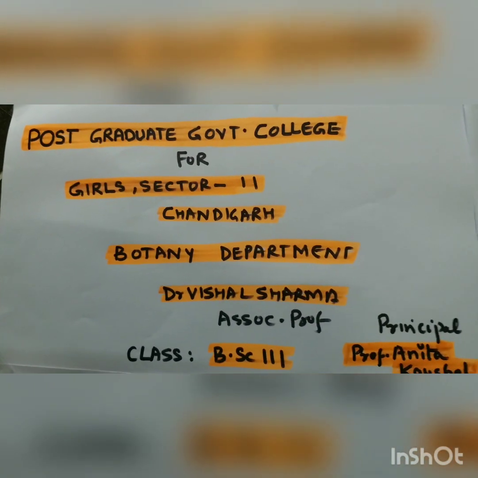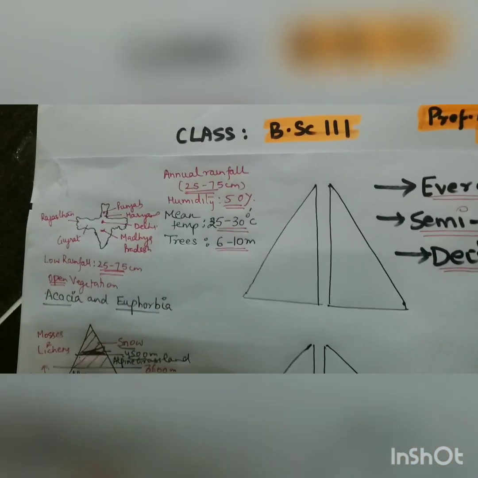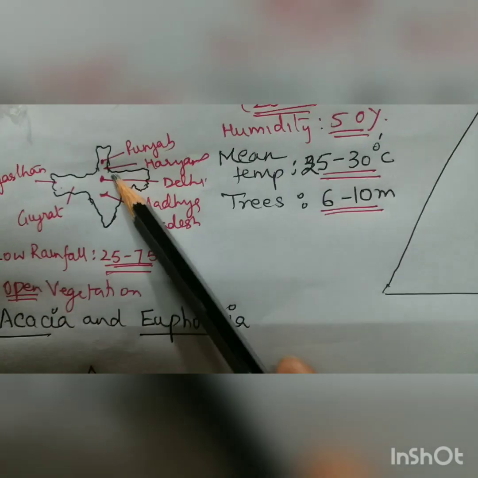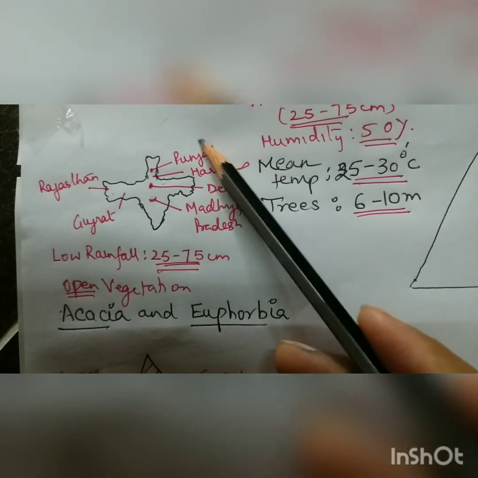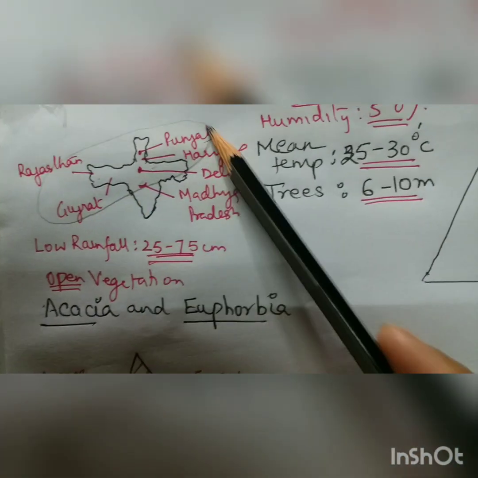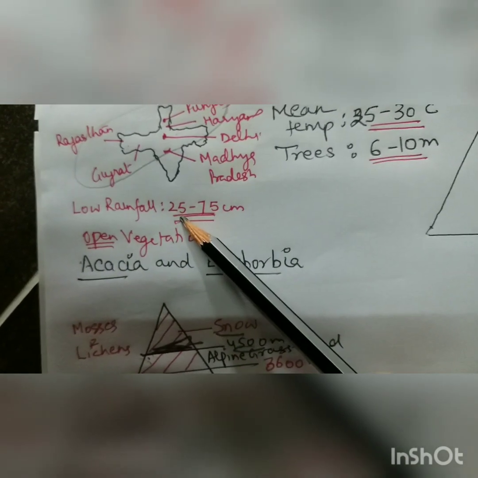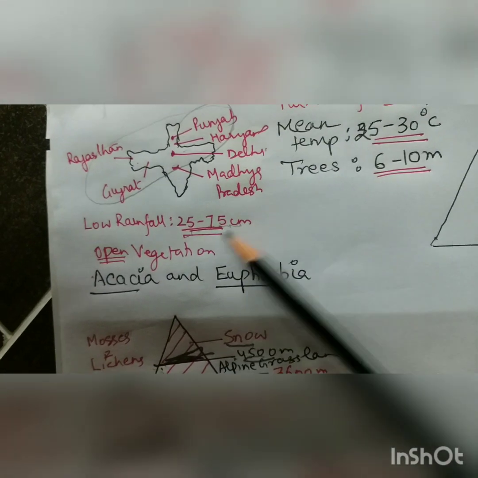Welcome back. Now I start the next type, that is the thorn forest. When we see the map of India, so this is Punjab, Haryana, Delhi, Madhya Pradesh, Gujarat, Maharashtra, and these all harbor the forest called thorn forest, and their rainfall is very less, that is 25 to 75 centimeter.